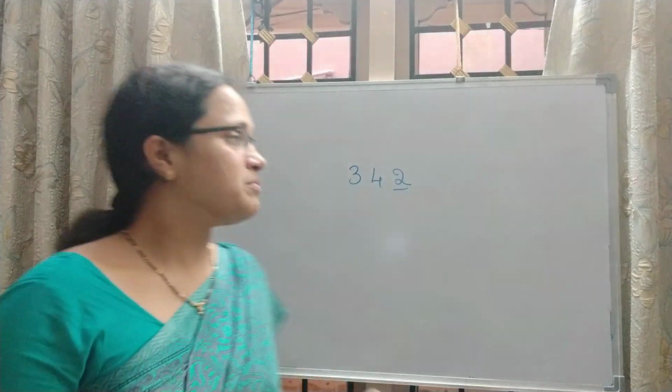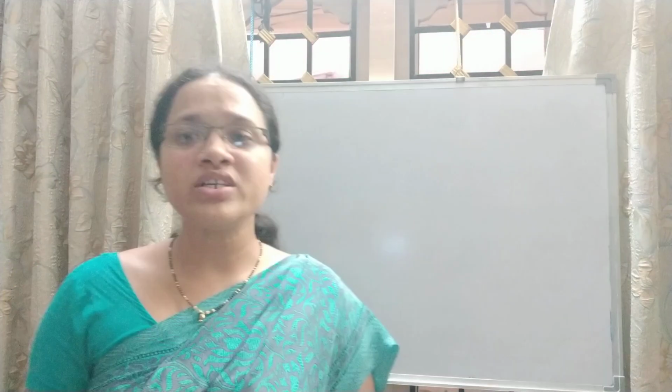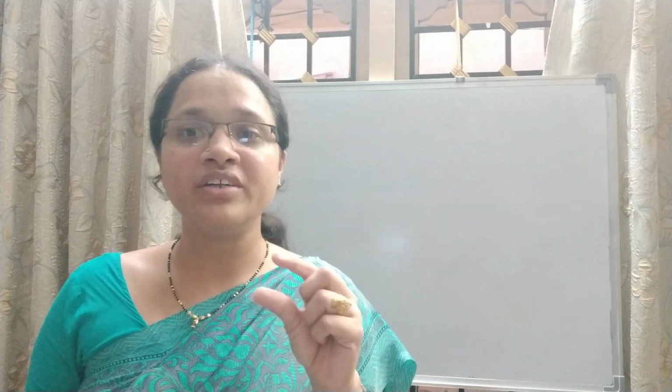Next, the divisibility rule of 3. If the sum of the digits in the given number, that is the addition answer, is divisible by 3, then the whole number is divisible by 3.